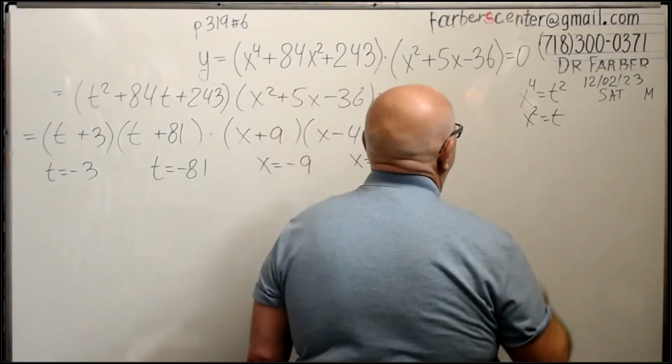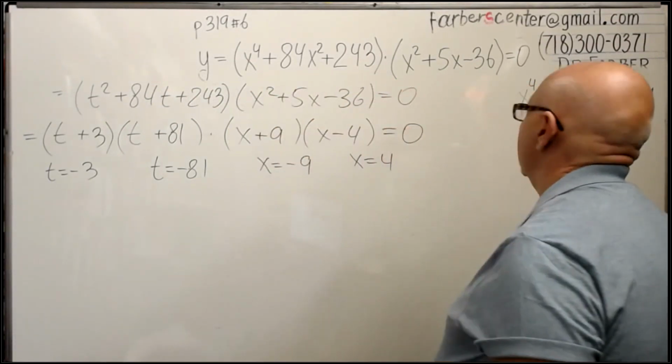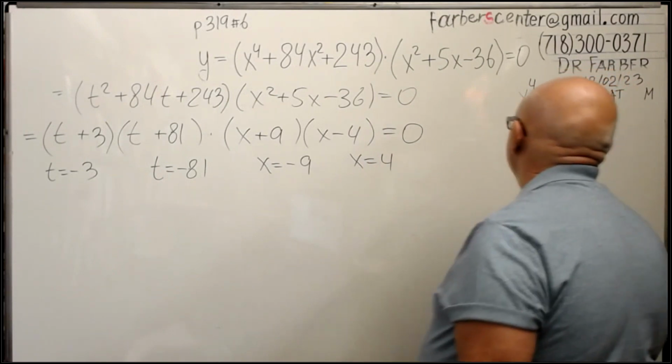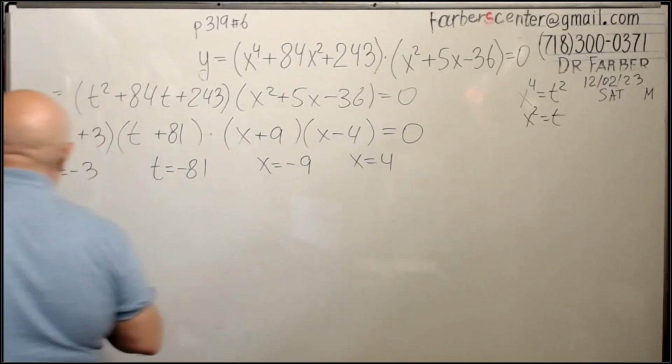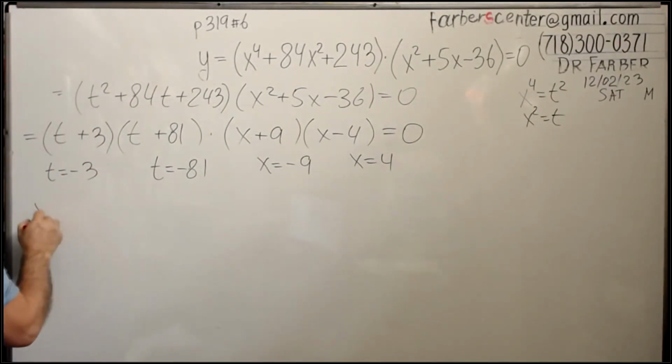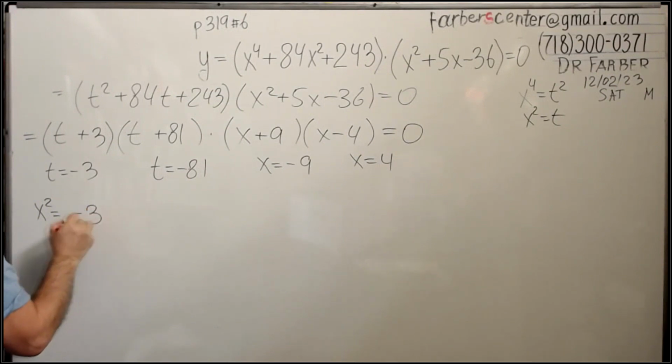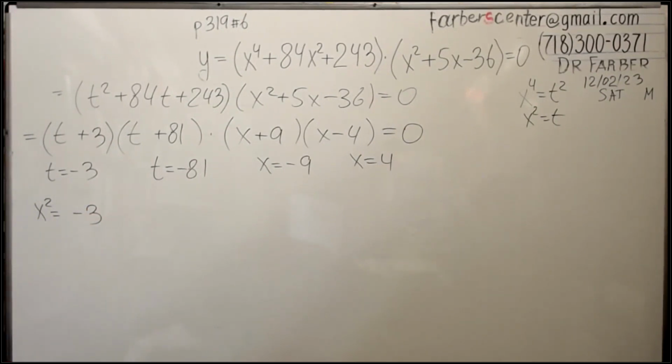But originally, keep in mind the substitution. It means t equals x to the second. So x to the second equals negative 3. You can take the square root of both parts. And what is it?